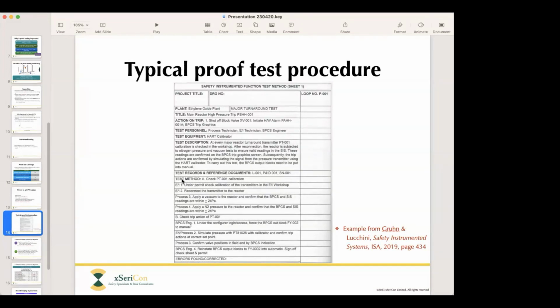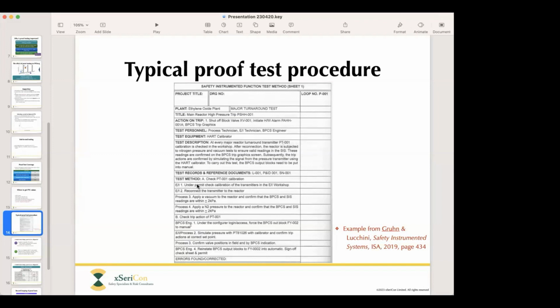says, first of all, check the calibration of the transmitter. So that means under permit. Now, this is a really important little detail, under permit. So your proof testing needs to be covered by a permit to work procedure.